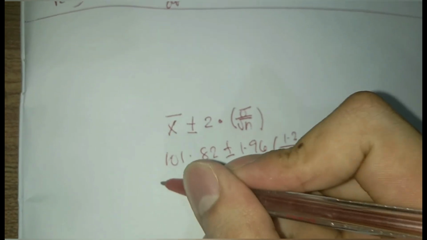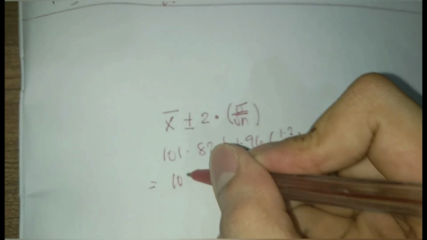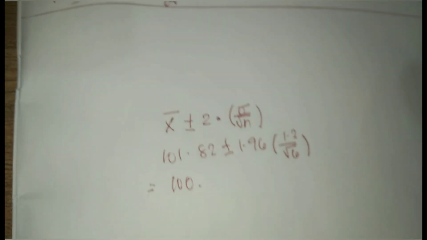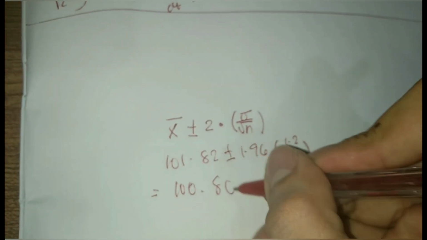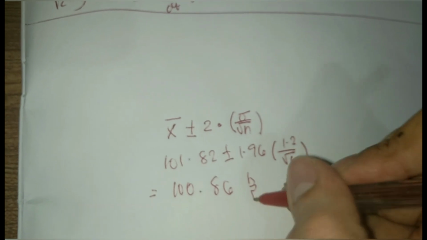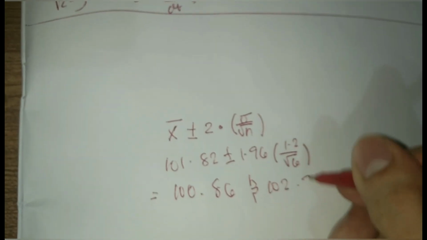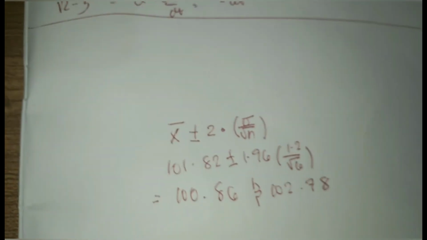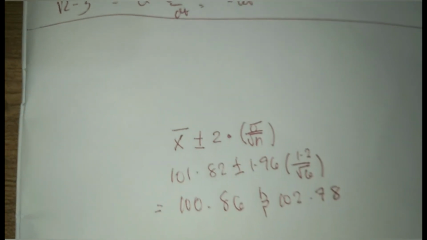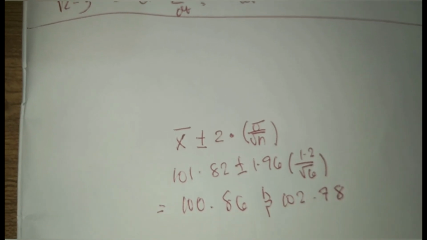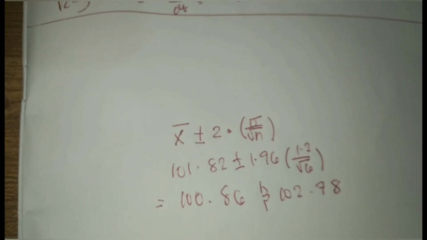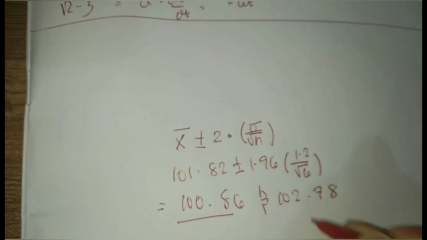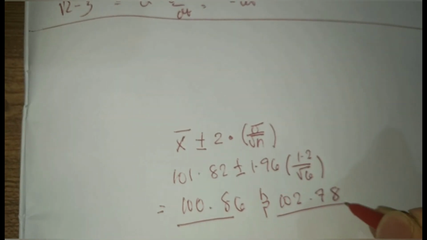After using the calculator, we got the final answers of 100.86 and 102.78, which means that we are 95% confident that the temperature of the liquid is between 100.86 and 102.78.